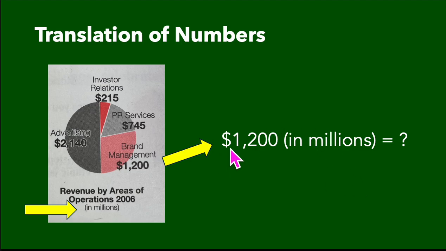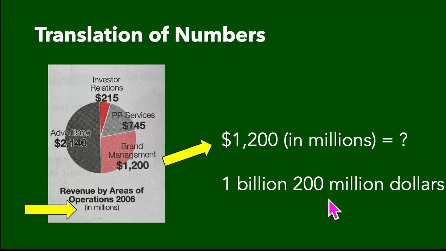So how much is 1,200 millions? It's going to be $1,200,000,000. But we don't usually write a large number like this. We would more commonly write a large number like this as $1.2 billion.